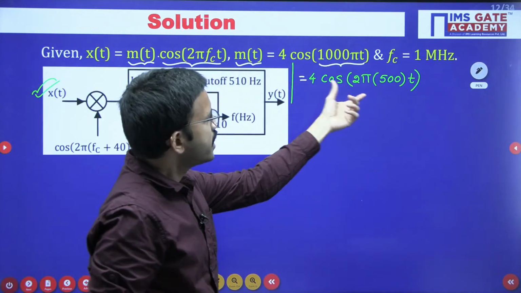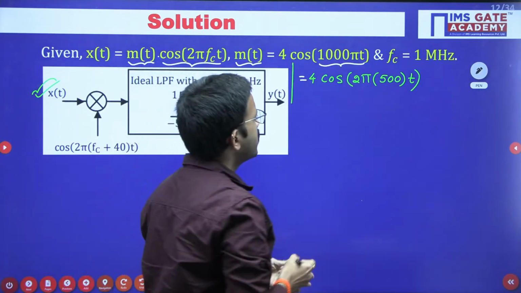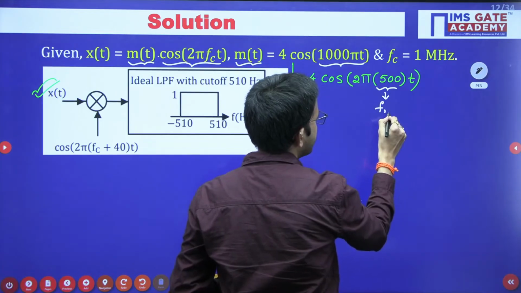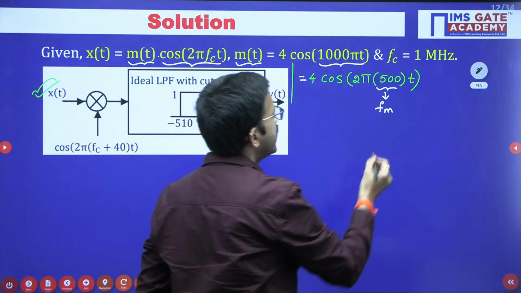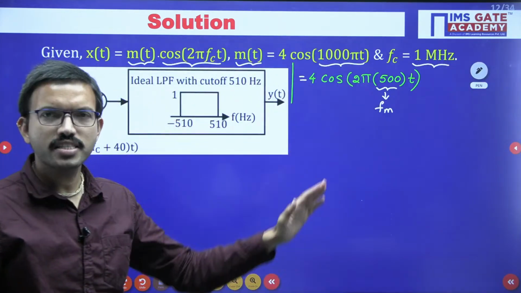Now you get the standard form cos 2 pi fm t, so 500 is nothing but fm, the modulating signal frequency. And regarding the carrier frequency, they have mentioned 1 megahertz. That value we can substitute later.